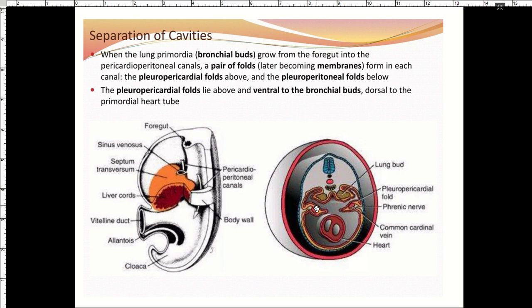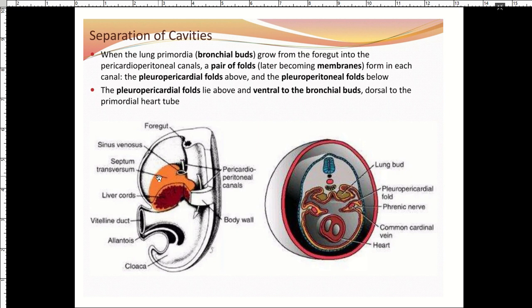These folds are called the pleuropericardial folds. They are going to fuse, separating your pericardial cavity and your pleural cavity. They are also going to bring the right common cardinal vein to the midline, and they are going to form your fibrous pericardium.